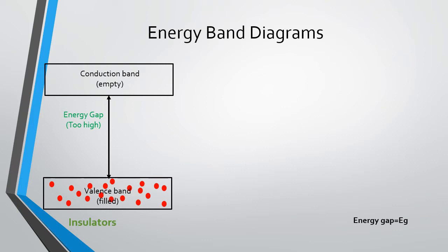Even after supplying sufficient amount of energy, the energy band gap is so high that the electrons cannot reach from valence band to the conduction band, and because of that there is no current conduction, and therefore they are known as insulators.